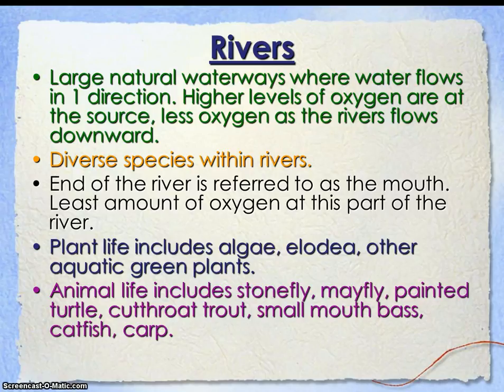They do have a very diverse species that can be accounted for in rivers, whether it be plant or animal species. And then all rivers are going to end into the mouth or the delta. Mouth or delta is going to be where they end, and they'll usually end into a sea, into the ocean, or maybe they'll feed into one of the large lakes that are accounted for on our planet.